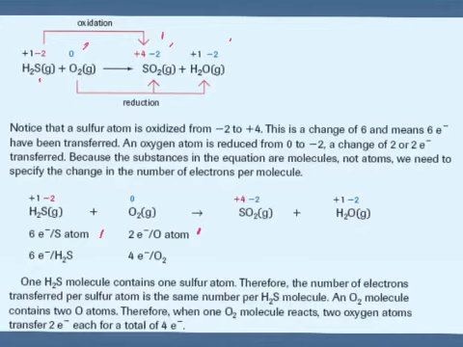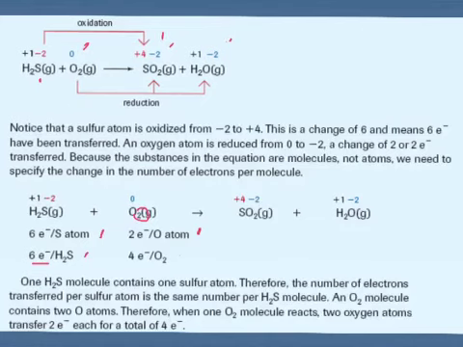But remember, we have to determine the total number of electrons per molecule, not just per atom. Now in H2S, there's only 1 atom of sulfur, so the number of 6 electrons per molecule remains the same. But in O2, because of the 2, there are now 4 electrons transferred per O2 molecule.